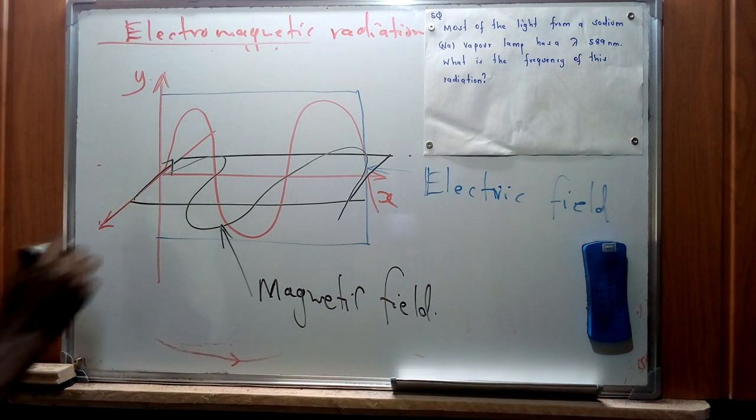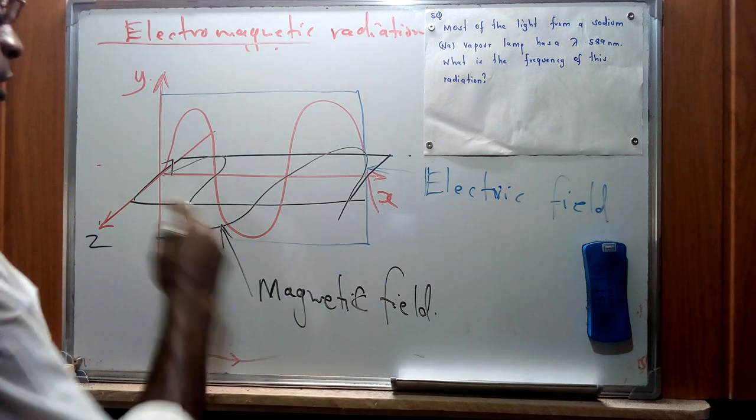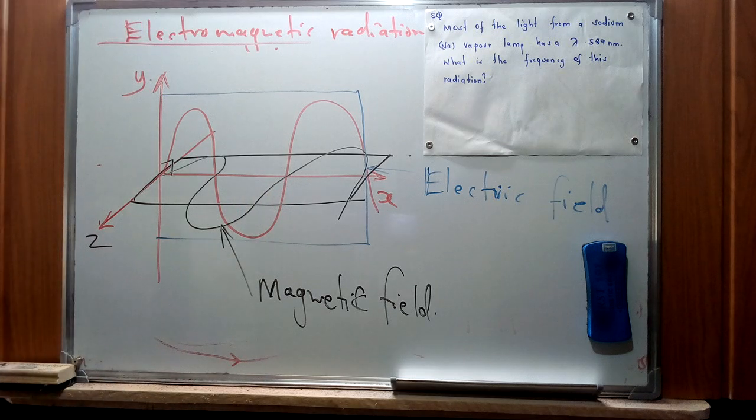So we're going to see that the interaction between electric and magnetic fields is what forms the electromagnetic waves. Therefore, the concept of electromagnetic radiation stems from there.